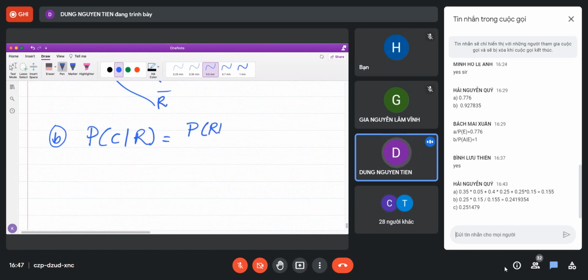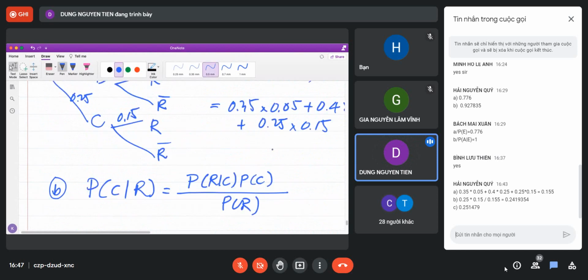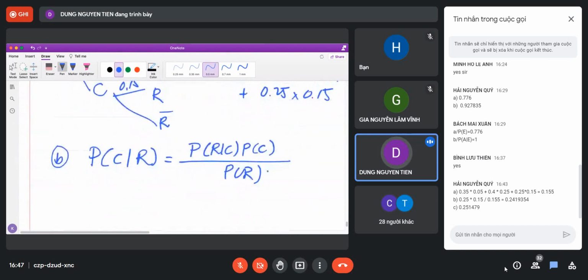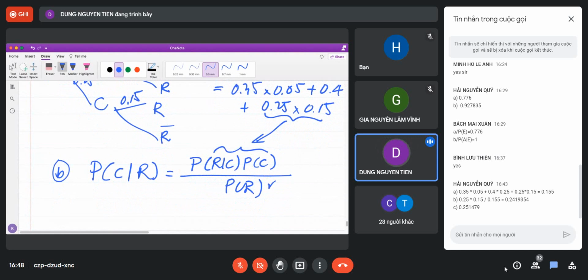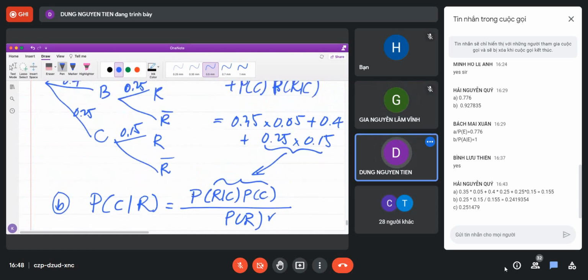So you get the probability of R given C times the probability of C over the probability of R. The denominator is the result you obtained in the first question. For the numerator, it is simply the last term of the sum here, and then you can get the answer. Understand? It is all right, everybody? That is clear, correct? Yes, teacher. Okay. Thank you.